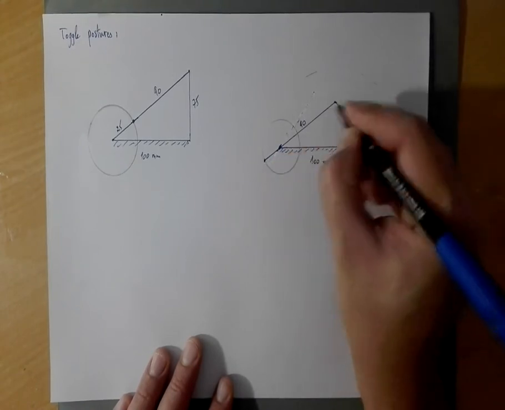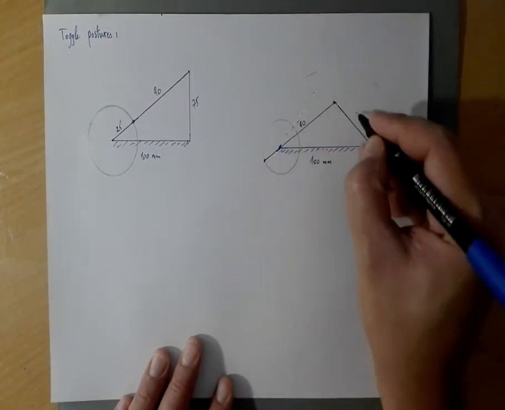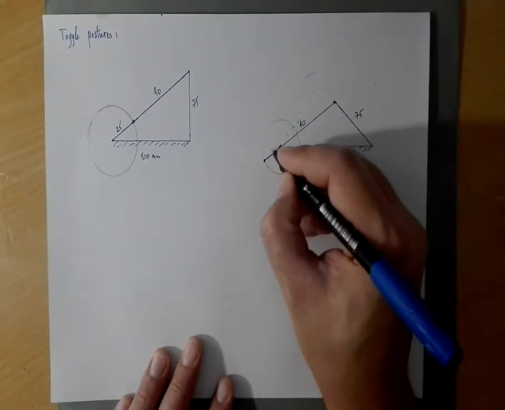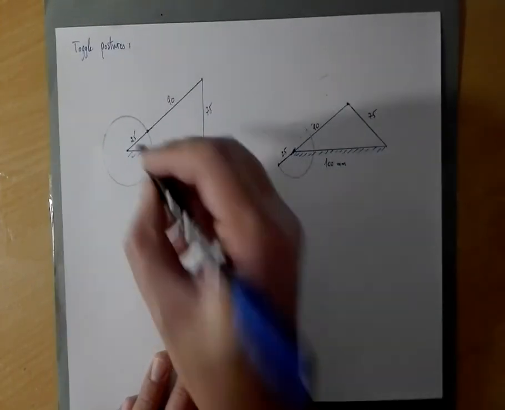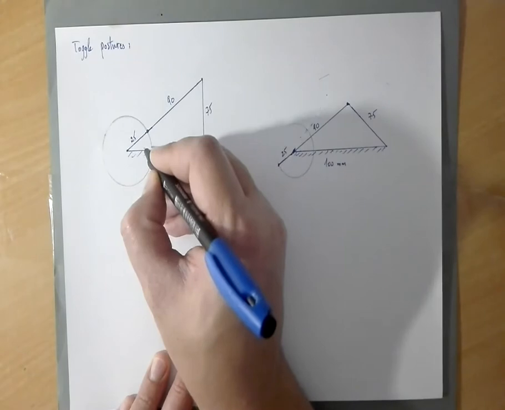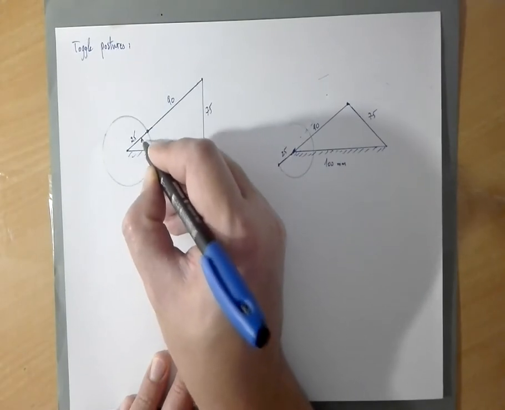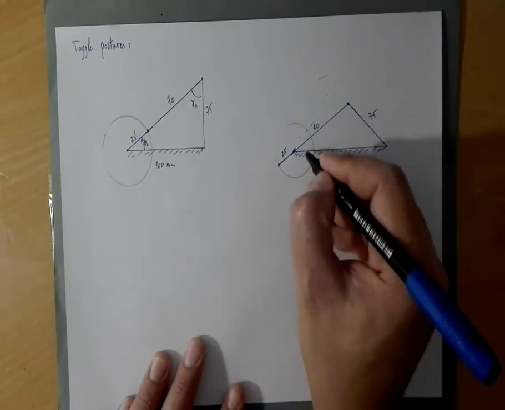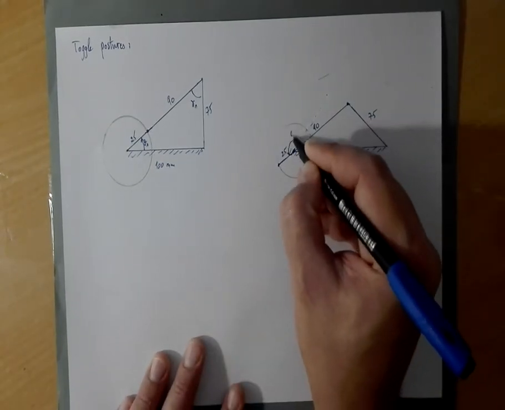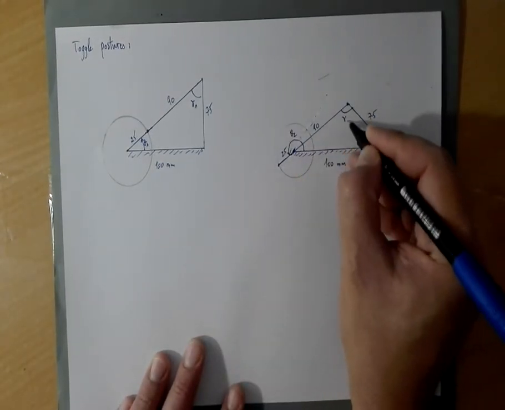It is all this length which is 90, and here 75, and this 25. So the posture here for the first one, the angles are theta 1 and gamma 1, and the second one is theta 2 and gamma 2.